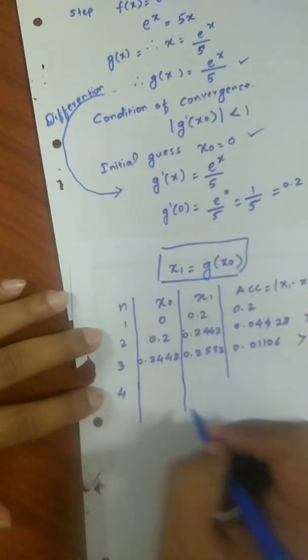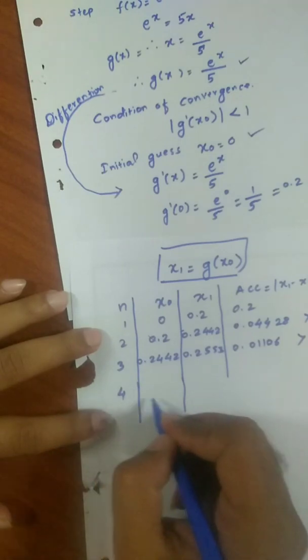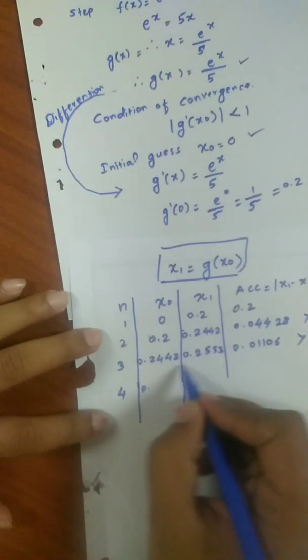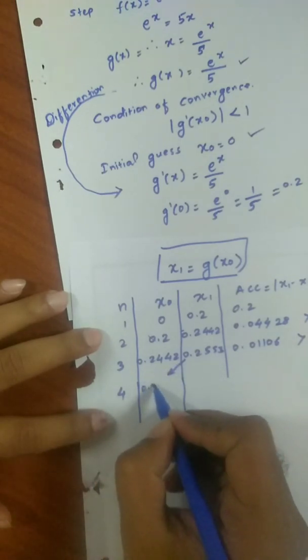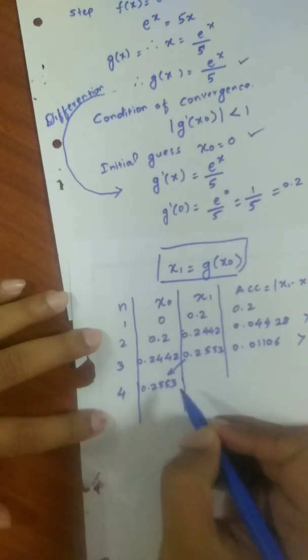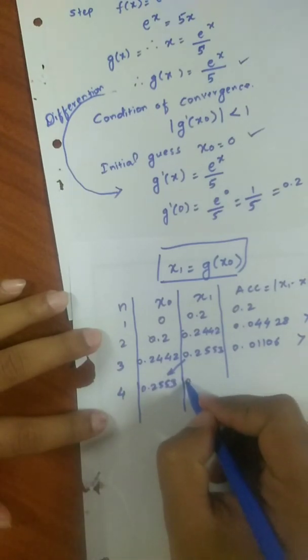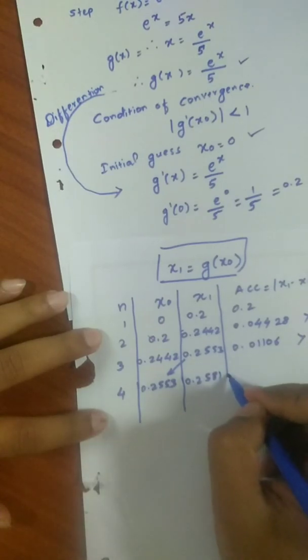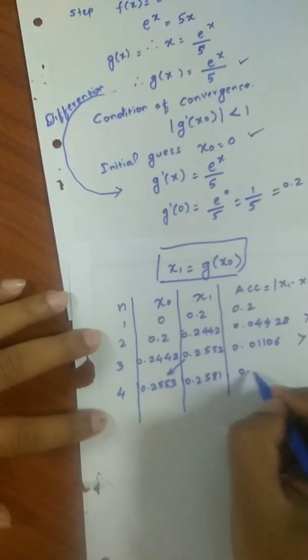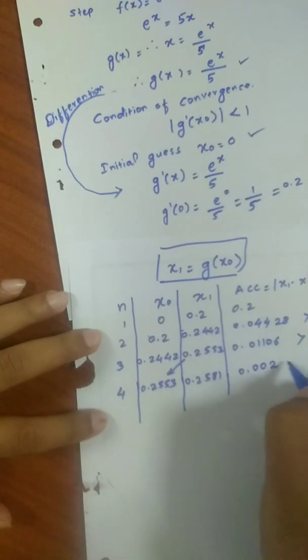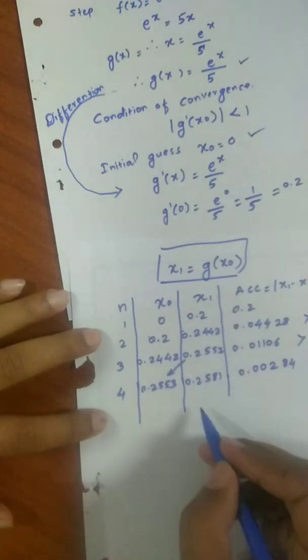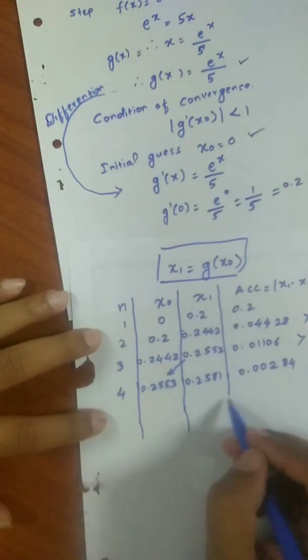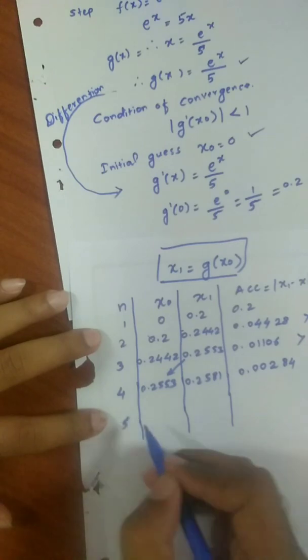So we need to move further to the fourth iteration just by replacing x0 with 0.2553, and this value comes to 0.2581, and further the accuracy comes to 0.00284. Again it is greater than 0.001. Now again we need to move further to the fifth iteration.